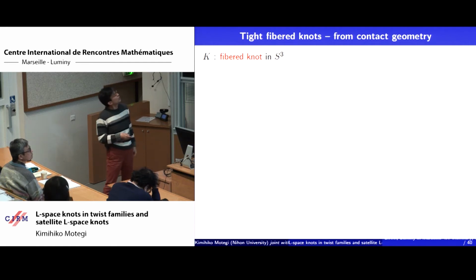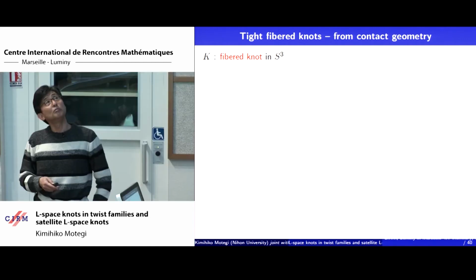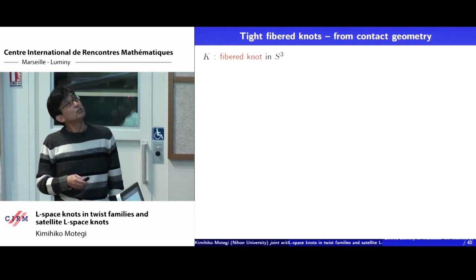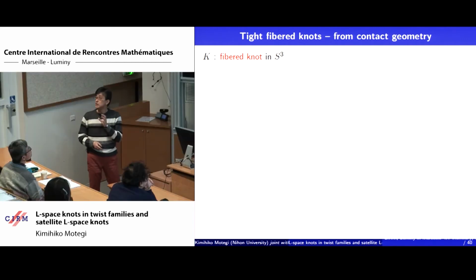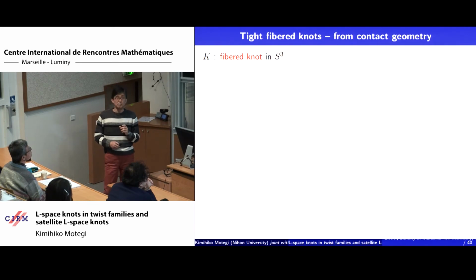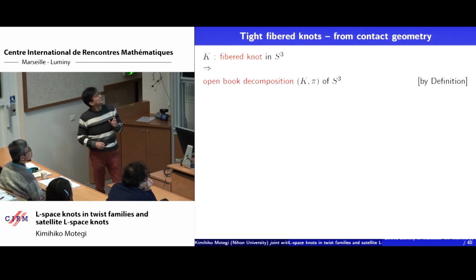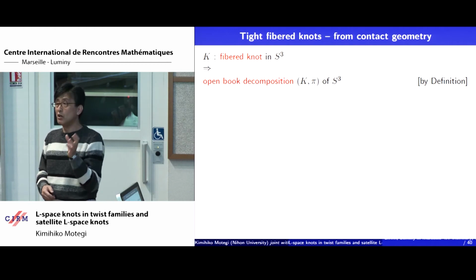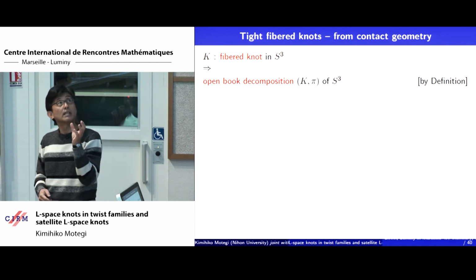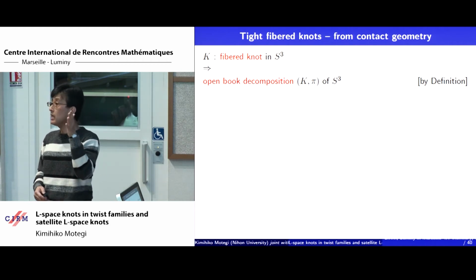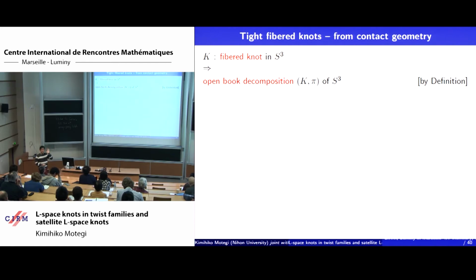And first we recall tight fibered knots from contact geometry. So let K be a fibered knot in the 3-sphere. Then, by definition, it gives an open book decomposition, with K as the binding and the fiber surfaces as pages.